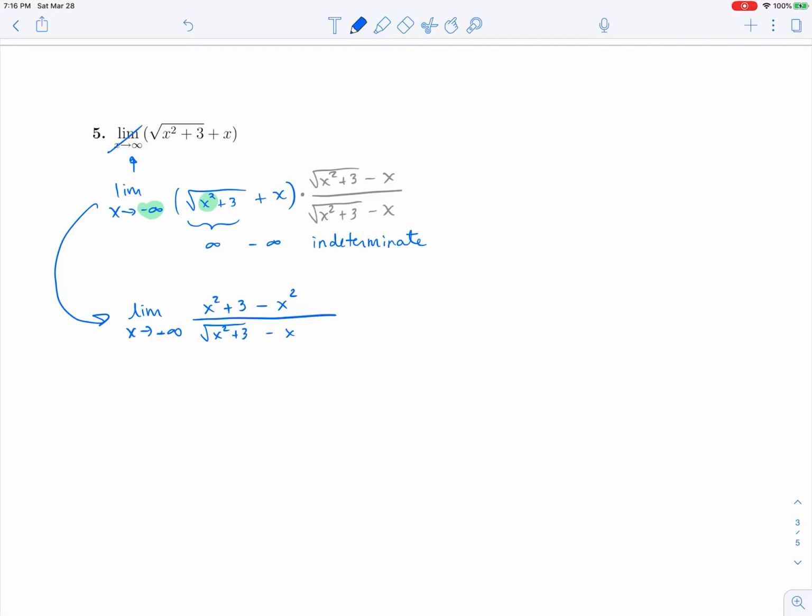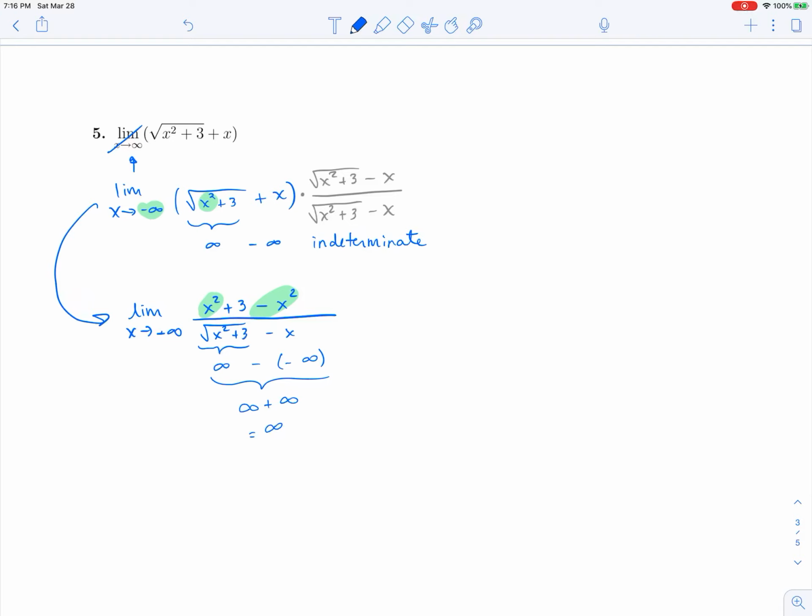And that's it. So now our x squared minus x squared add to 0, and what we end up getting is just 3 over the square root of x squared plus 3 minus x. With x approaching -infinity, x squared plus 3 is going to be infinity, and then this here is minus a -infinity, which gives us infinity plus infinity, which is infinity.